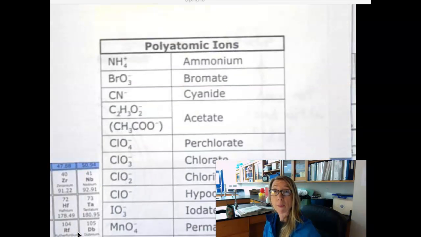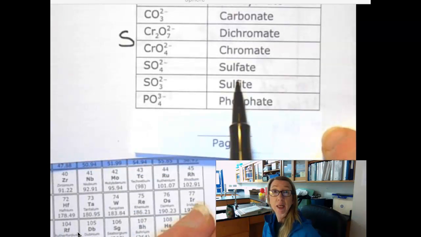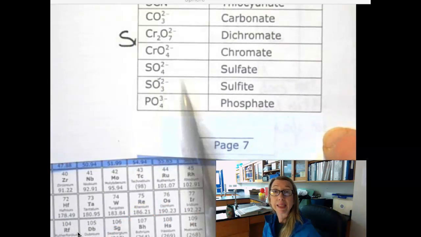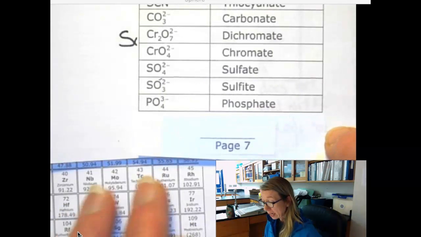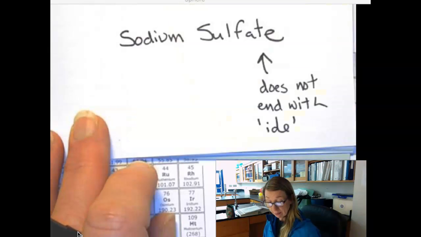So we need to go to our polyatomic ion list on page 7, and we're looking for sulfate. I found the sulfate polyatomic ion. The formula is SO4, and it has an oxidation number of -2. So what we're going to do is just the same.